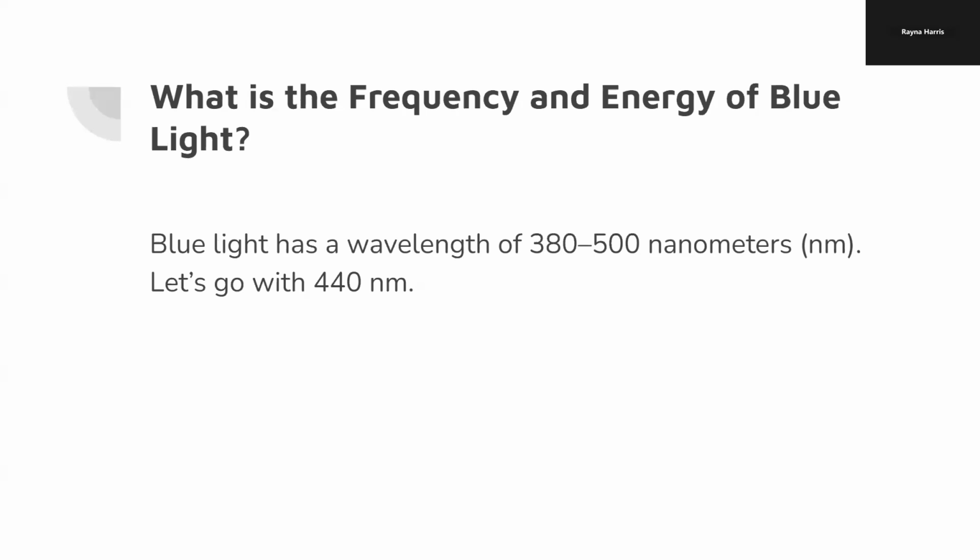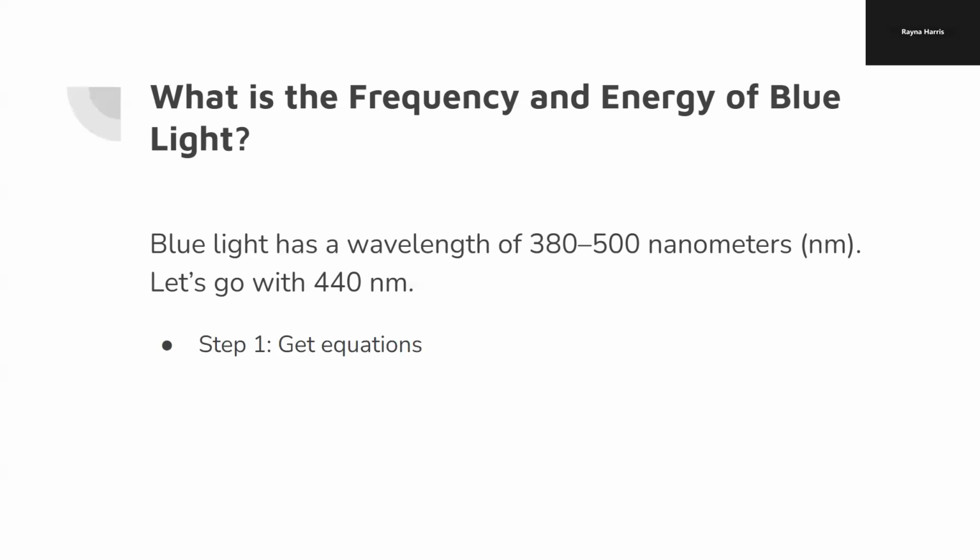You need to solve for one and then the other. Blue light has a wavelength between 380 and 500 nanometers. So we'll pick one to represent it, like 440 in the middle. We could rewrite this: what is the frequency and energy of blue light of wavelength 440 nanometers?